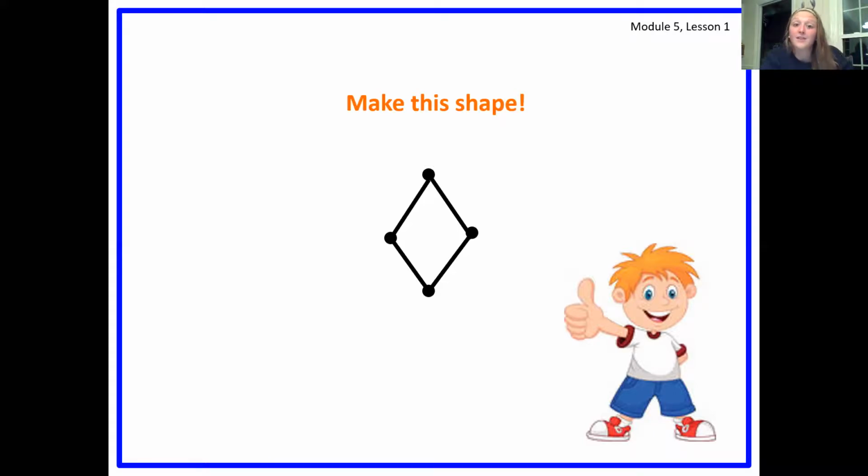Right. So this shape has, I'm going to count them, 1, 2, 3, 4 corners, and 1, 2, 3, 4 straight sides.